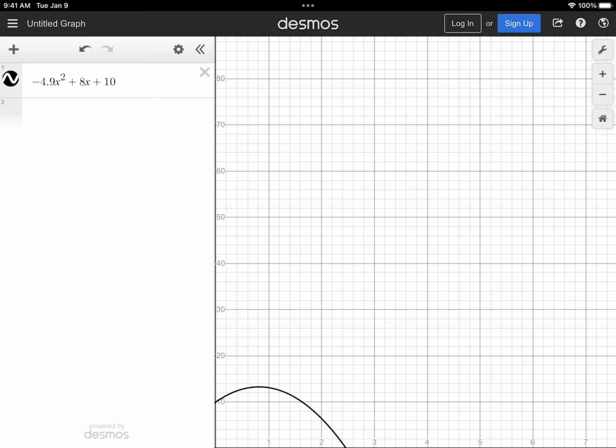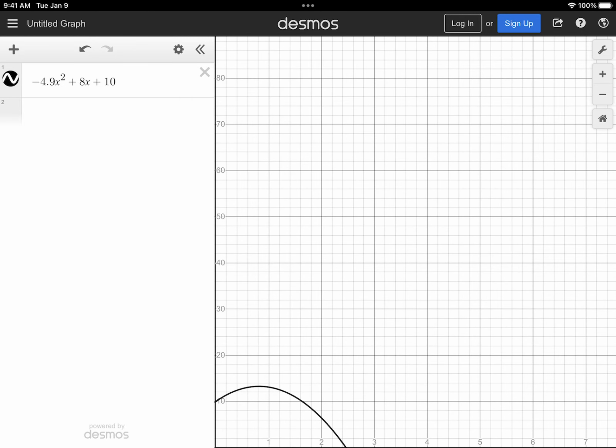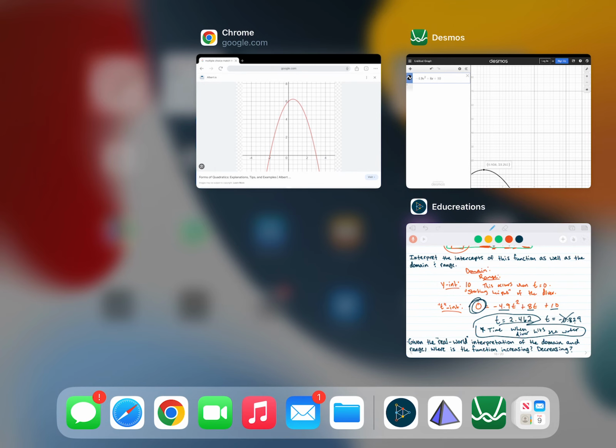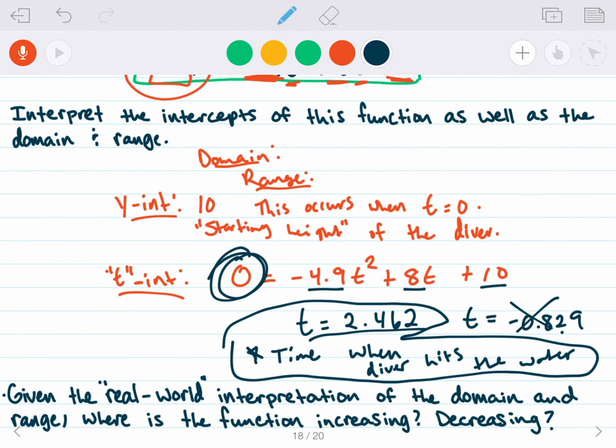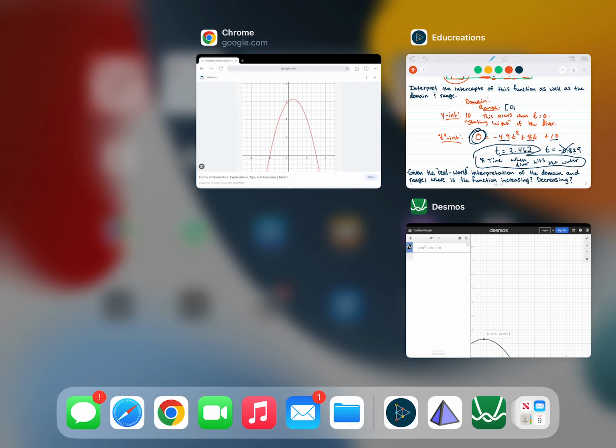Well, the range, the lowest this thing is going to be is at a height of 0, right? That's the lowest this thing is going to be. And the highest it's going to be is at a height of 13.265. All right, so let's write that down. So the range, we're going to go from a height of 0, and now I forgot it already. What was it?